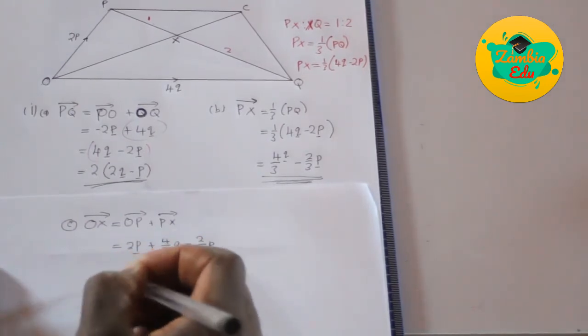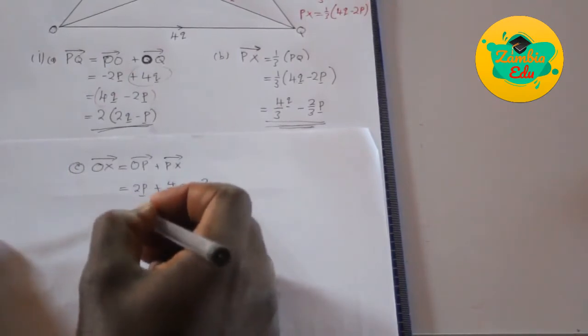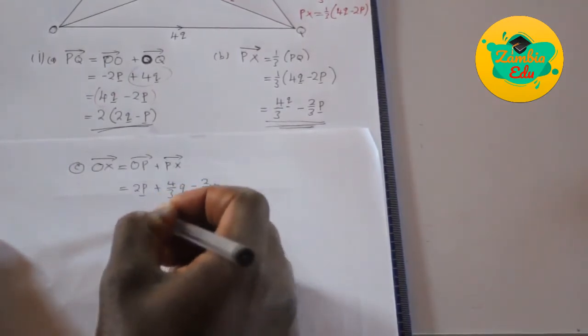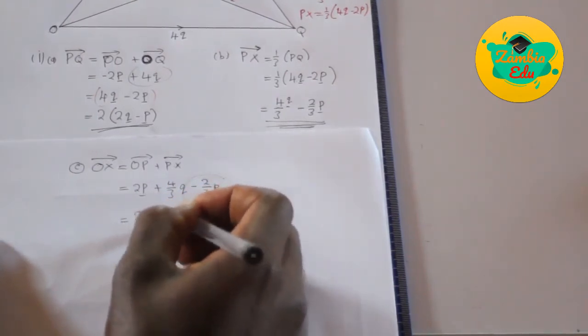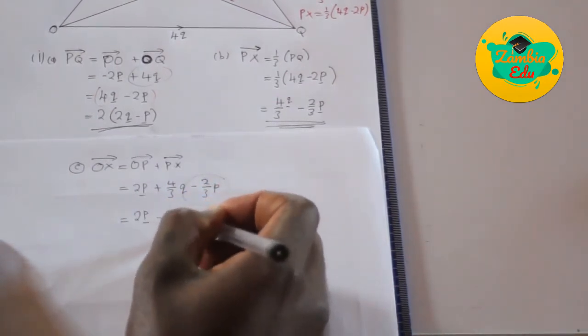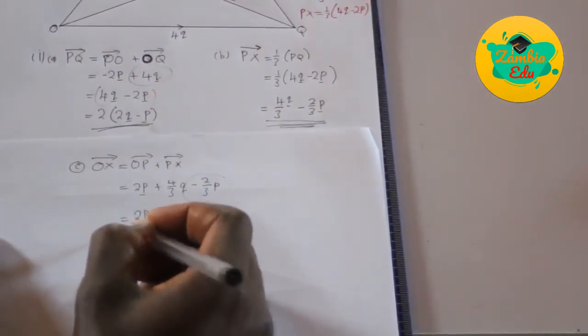Having done this, let's group the like terms. We know the 2P there, and we bring this one, minus 2 over 3P plus 4 over 3Q in that way.